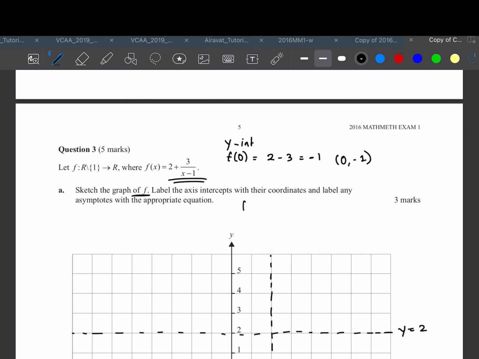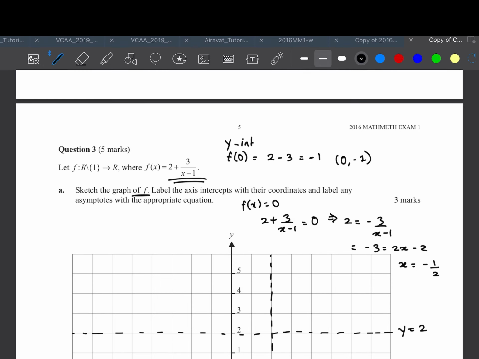Now x-intercept is when f of x equals 0. So 2 plus 3 on x minus 1 equals 0. And now this would imply that 2 equals -3 on x minus 1, which would give us -3 equals 2x minus 2, and therefore x is going to be equal to -1/2.